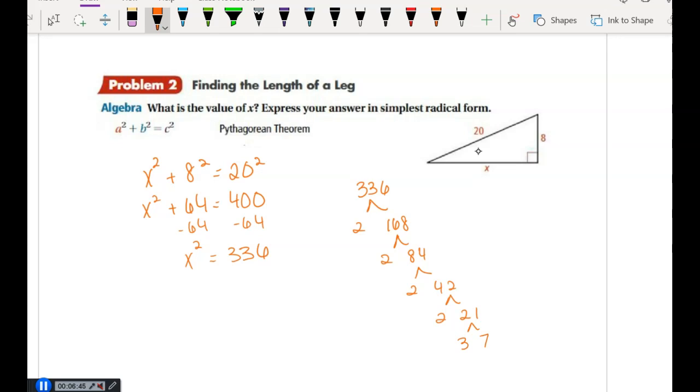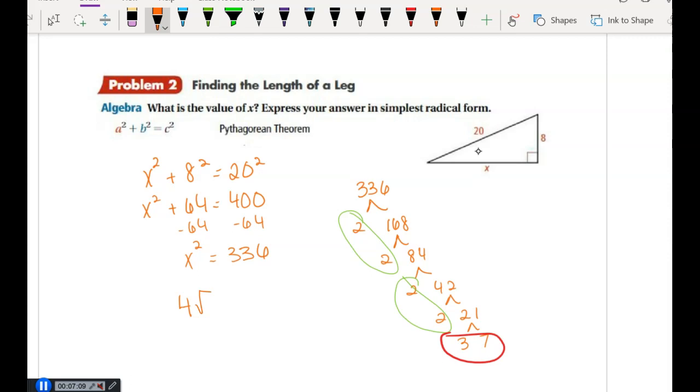So what's our rule? Pairs go out. Do green for go out. And singles stay home. So I've got 2 sets of 2's. So what's 2 times 2? That's 4.